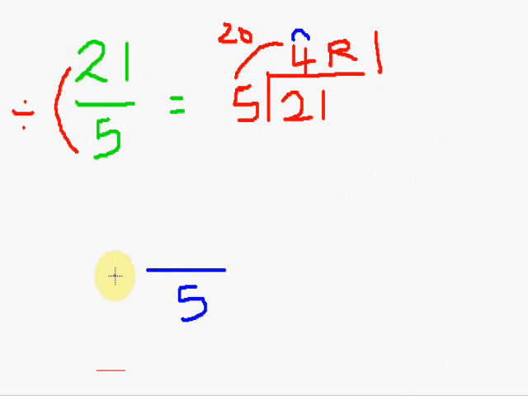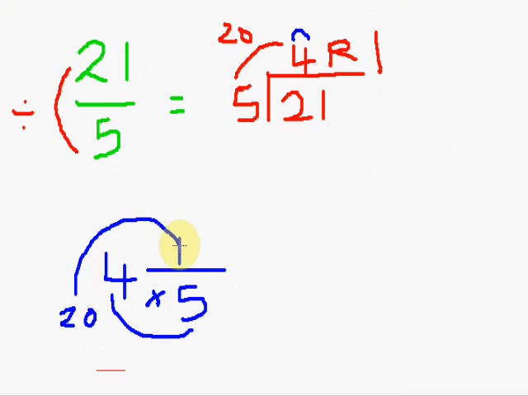The whole number is going to be the 4, and the remainder 1 is going to become the numerator. So your answer is 4 and 1/5, and you can check it, because when you multiply 4 by 5 you get 20. When you add the 1 you get 21 on 5. Okay, so your answer is 4 and 1/5. That wasn't so hard.